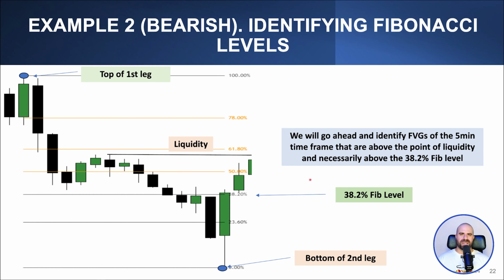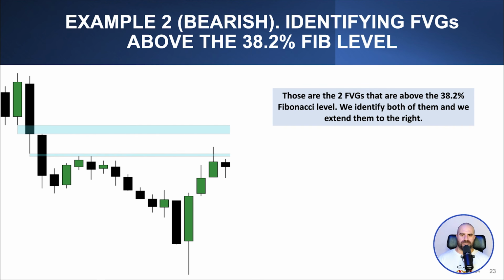Of course, most of the times this is going to be the case. There's no question about that. Let's proceed. What kind of fair value gaps do we have above the 38.2% Fib level, which was around here? We have this 5-minute fair value gap, and we have another 5-minute fair value gap over here. All right now. Another thing, what did I say?